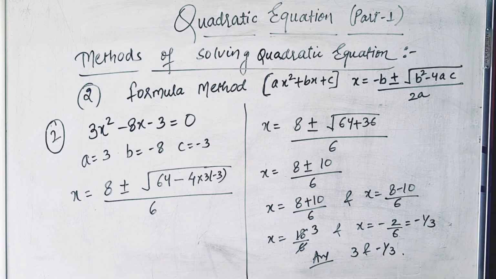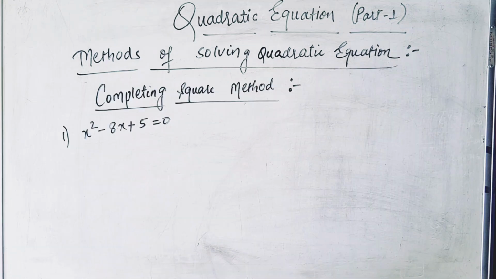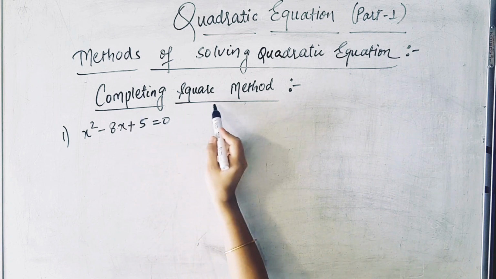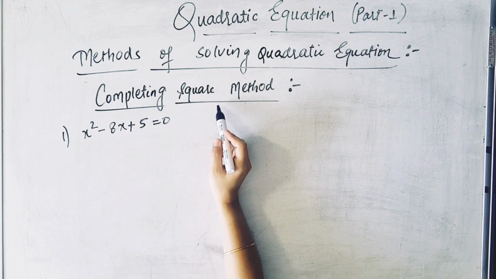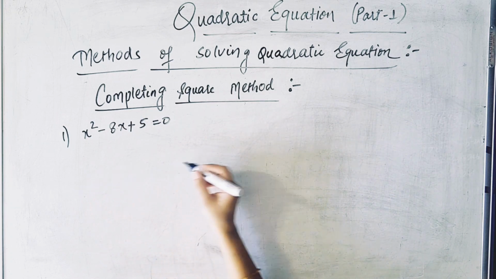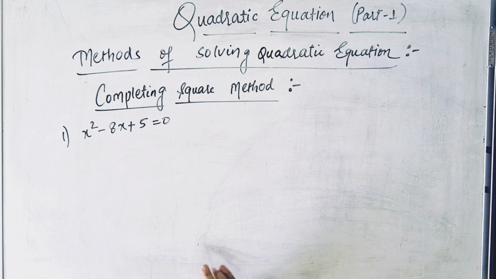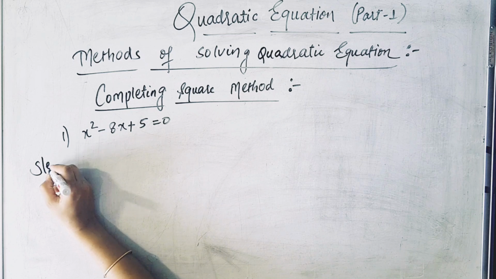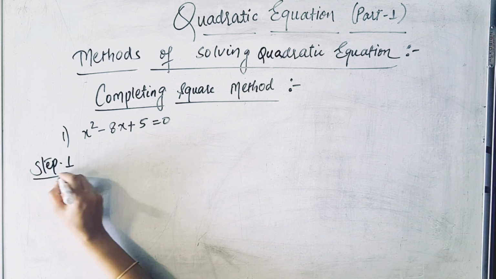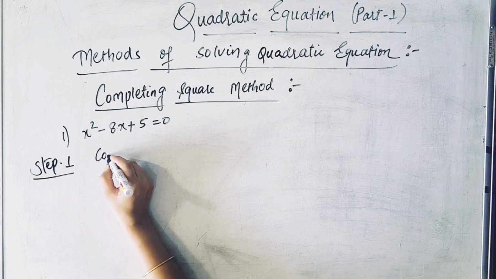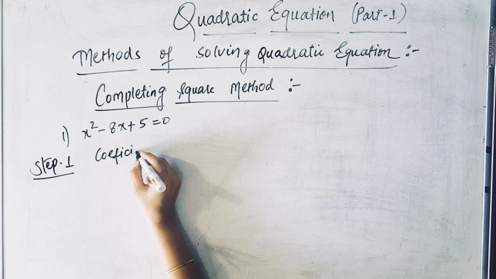Now we'll see the next method, that is completing square method. Now we'll solve this quadratic equation by the third method, that is completing square method. See, in completing square method there are 3 steps which we have to follow. The very first step is step 1, coefficient of x square should be 1.